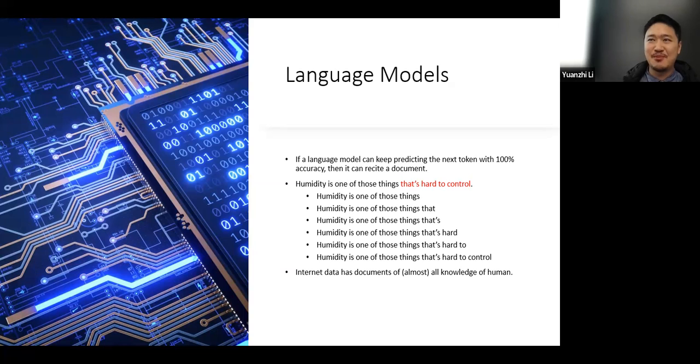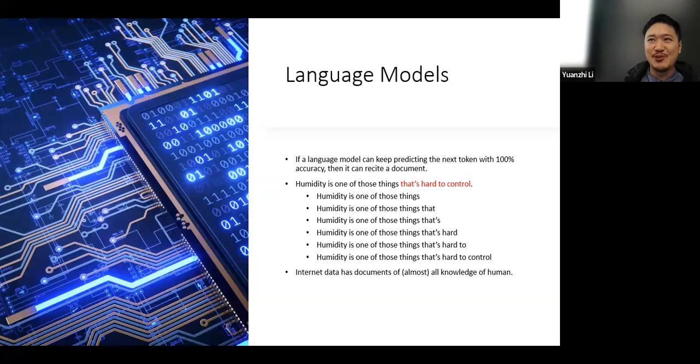And the point is, if a language model is trained on internet data, and internet data has documents on almost all human knowledge, then it contains almost all knowledge of a human.